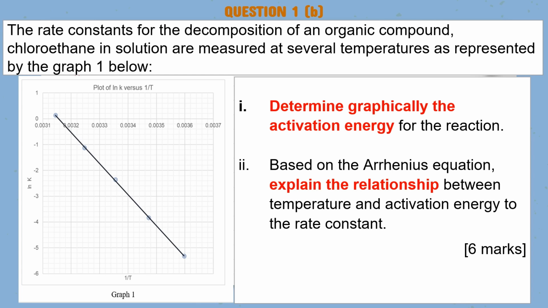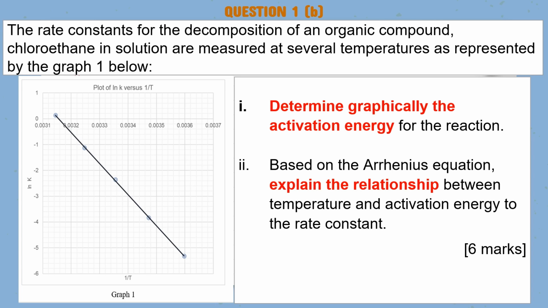Given here is a plot of ln k versus 1 over T. The question asks you to determine graphically the activation energy for the reaction, and, number 2, based on the Arrhenius equation, explain the relationship between temperature and activation energy to the rate constant. The marks allocated here are 6 marks.